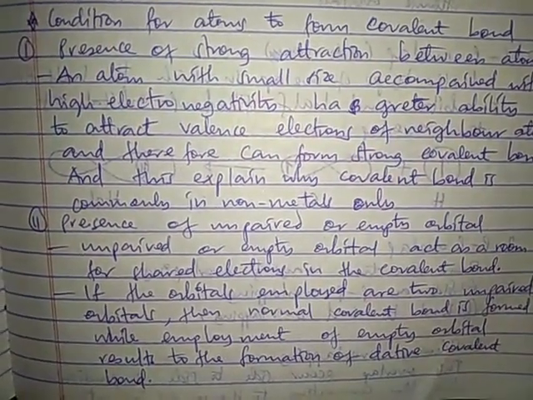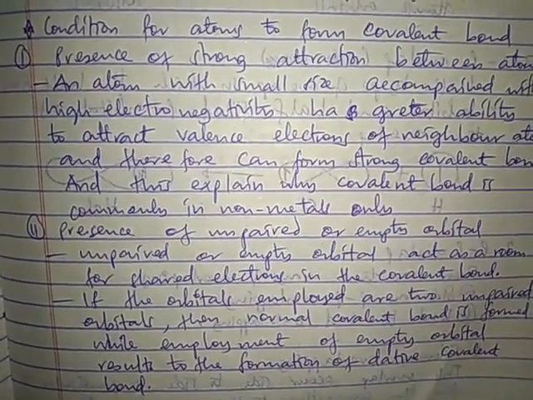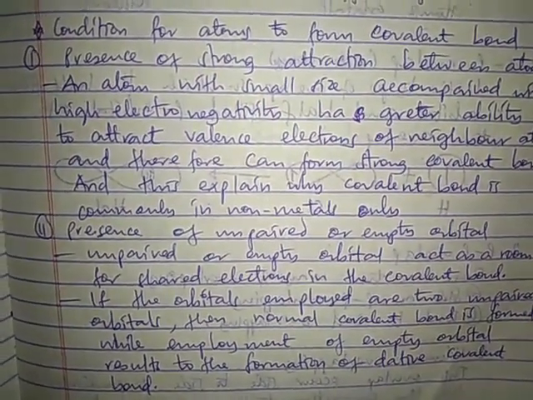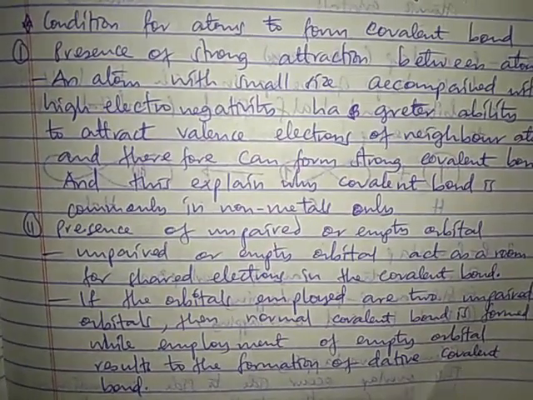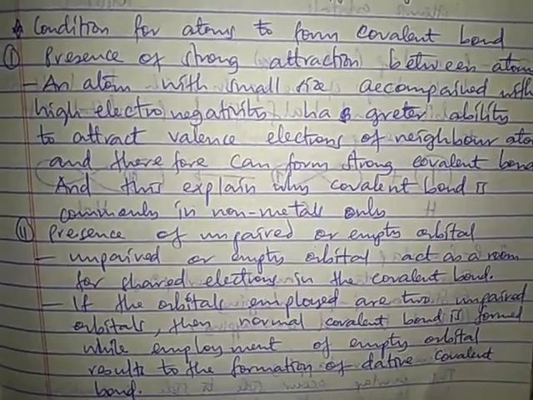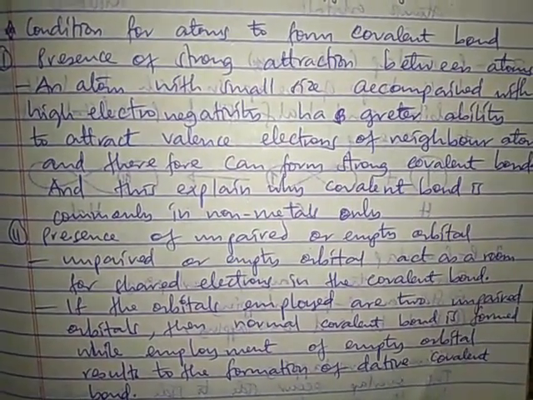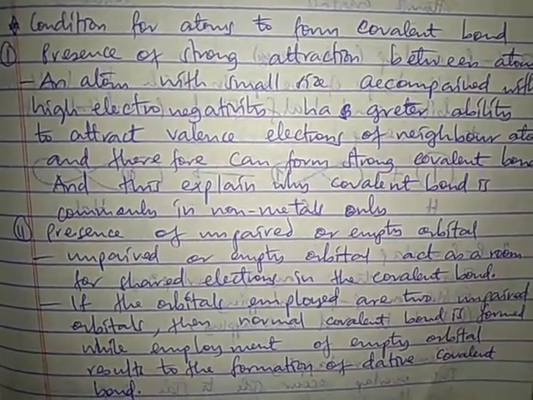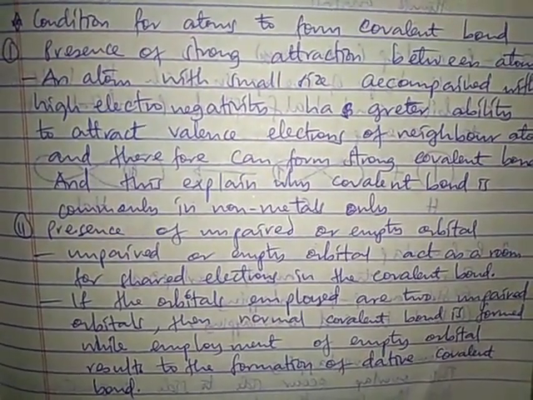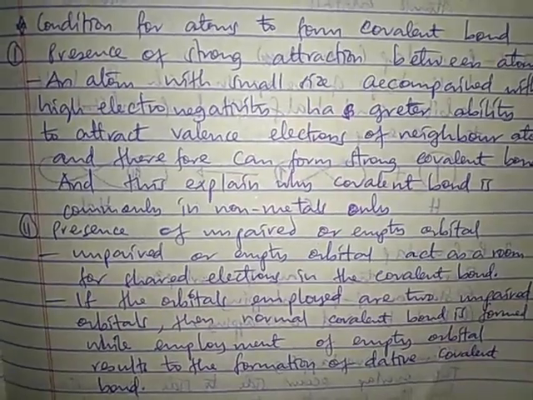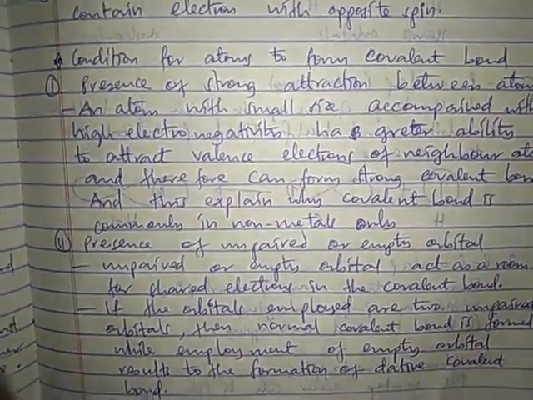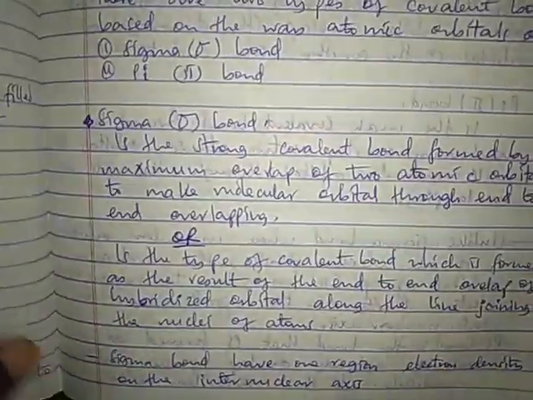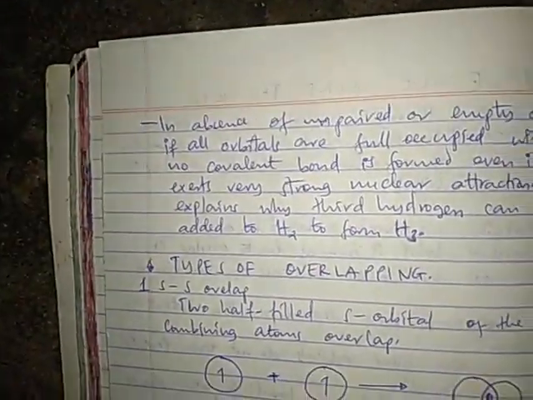Now unpaired or empty orbitals act as a room for the shared electron in a covalent bond. If the orbitals employed are two unpaired orbitals, then a normal covalent bond is formed, while employment of an empty orbital results in the formation of a dative covalent bond. So I'm sure if you were with me in the previous lectures, you understand what I'm talking about.